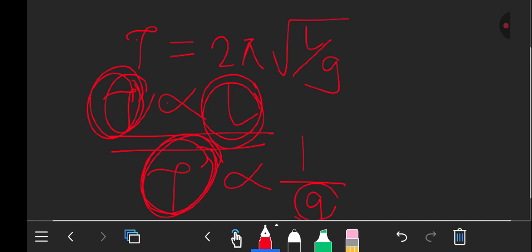But when gravity decreases, the period of the pendulum increases. So when you go to the moon from Earth, where the gravity is, let's say, 1/6 of that of Earth, the period of the pendulum will increase, because the gravity has decreased.